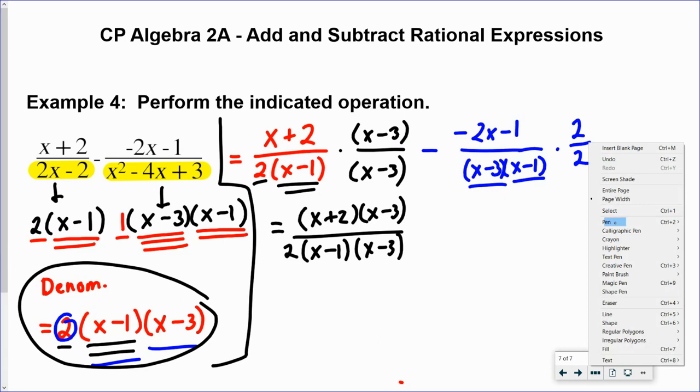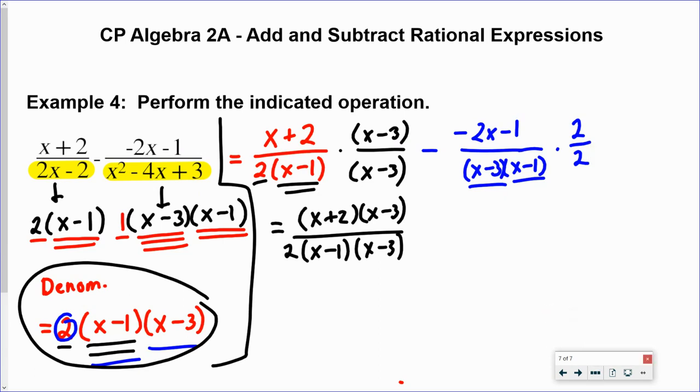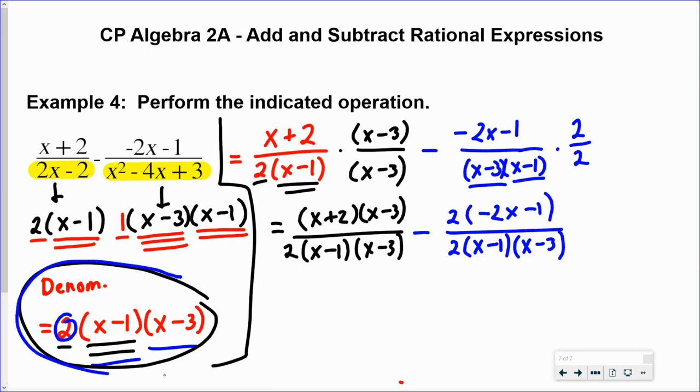And then in blue over here, on the top, we're going to have minus 2 times negative 2x minus 1, all over 2 times x minus 3 times x minus 1. I'm just going to write it in the same order, 2 times x minus 1 times x minus 3. And again, that's equivalent to our common denominator over here on the left. So we know we're in good shape.